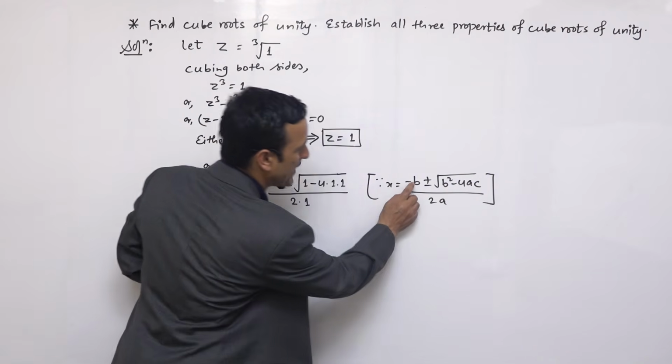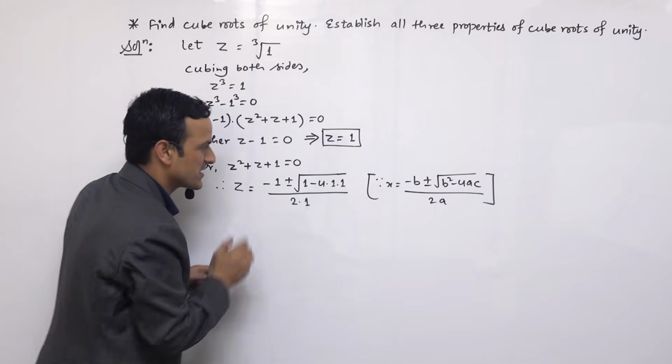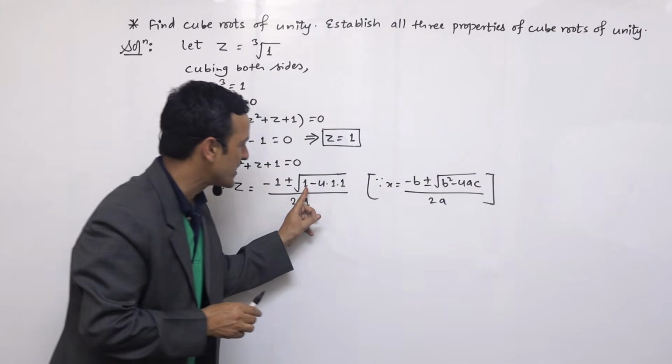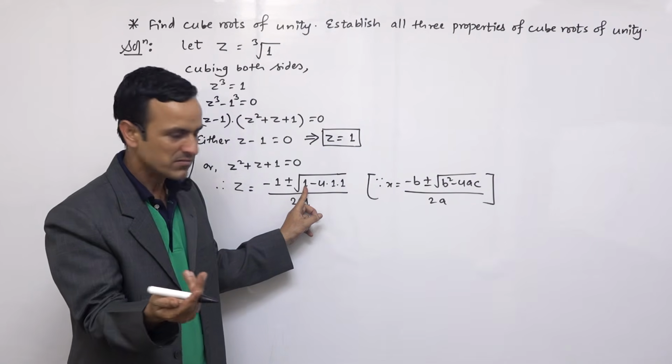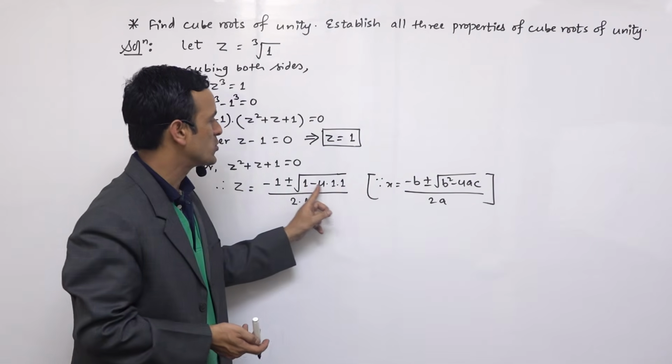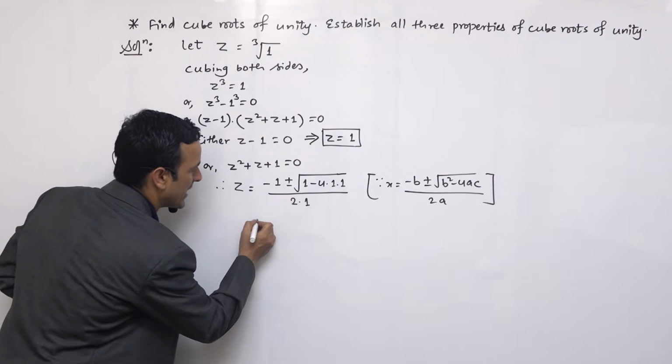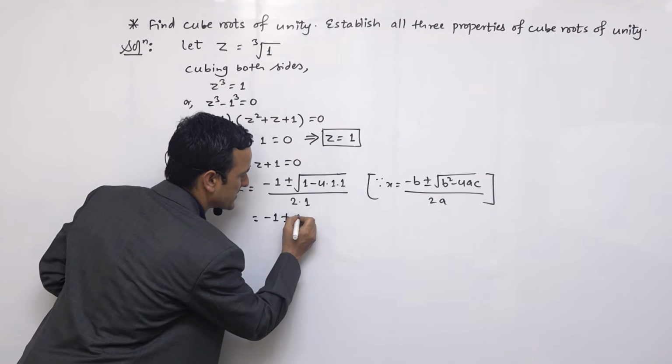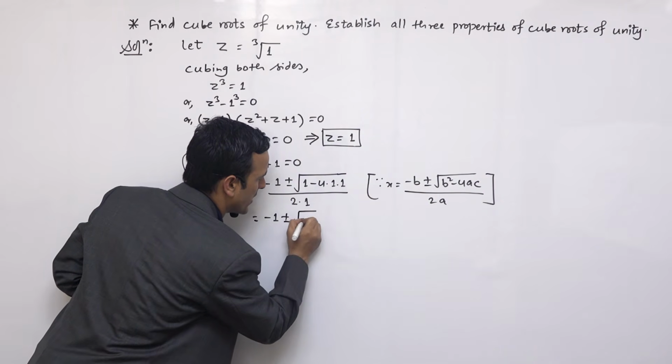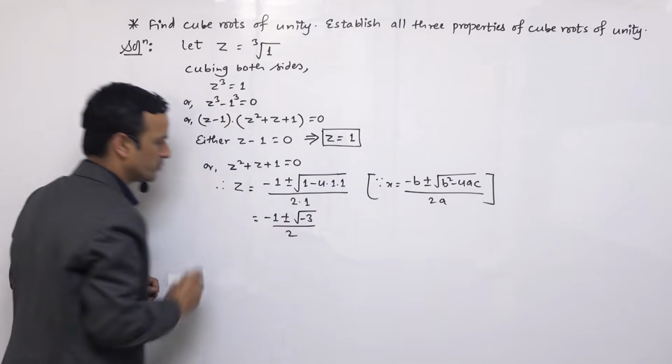So write down the value, minus b, b means 1, plus minus root b square means here 1 square means 1, and 4ac means 4 into 1 into 1. So write down the value, minus 1 plus minus root 1 minus 4 means root under minus 3 divided by 2.